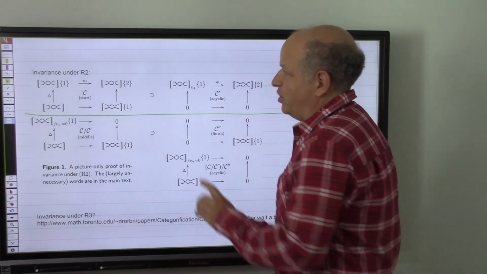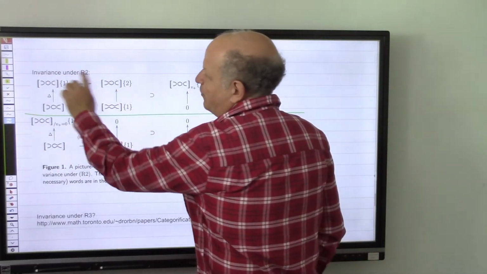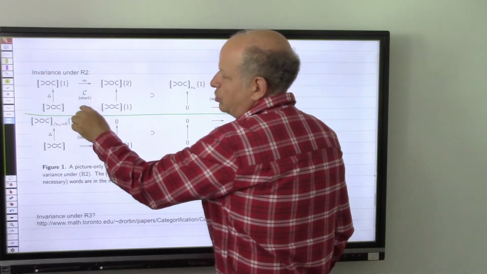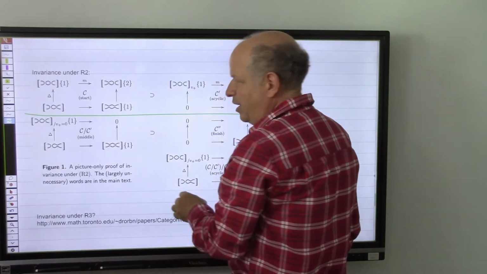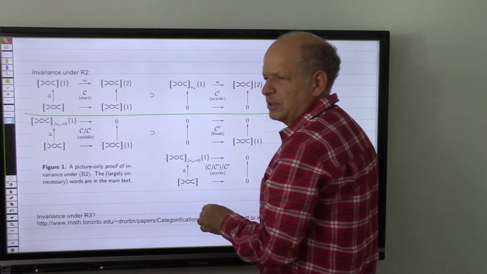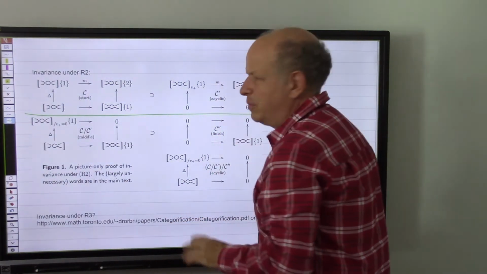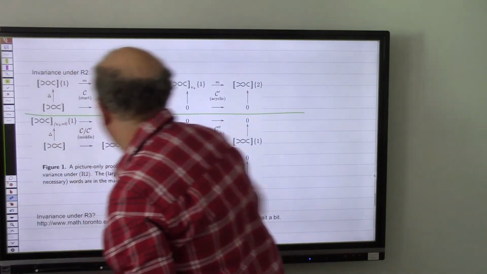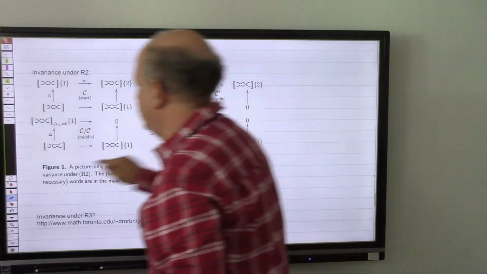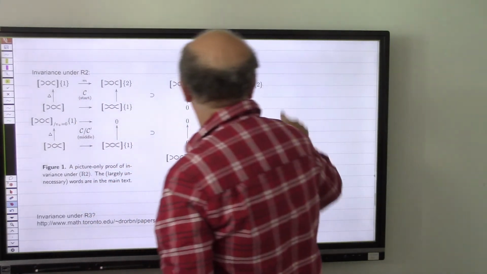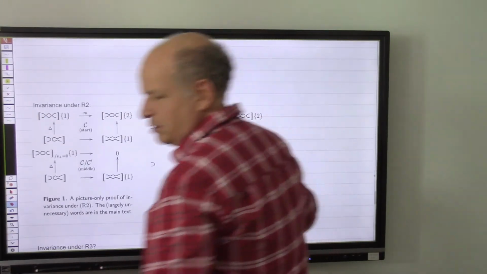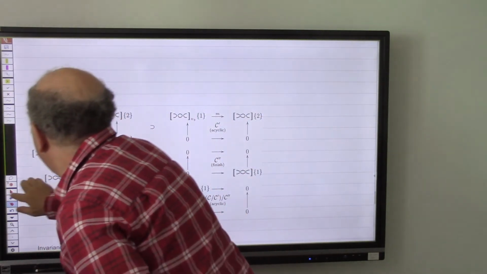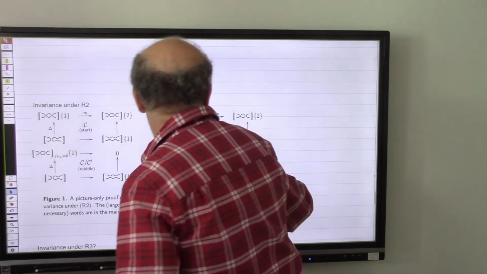So, we want to show, so the left-hand side of the Reidemeister 2 is written here. Should I enlarge it? You know what? I will. The left-hand side, sorry, but that takes a second.